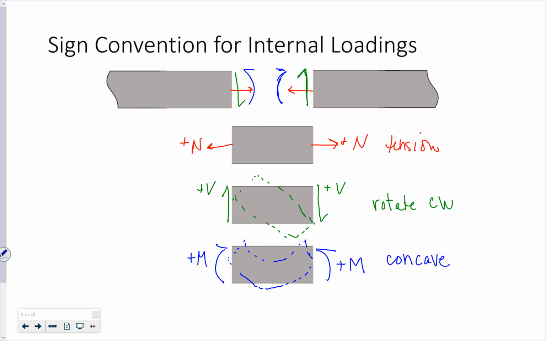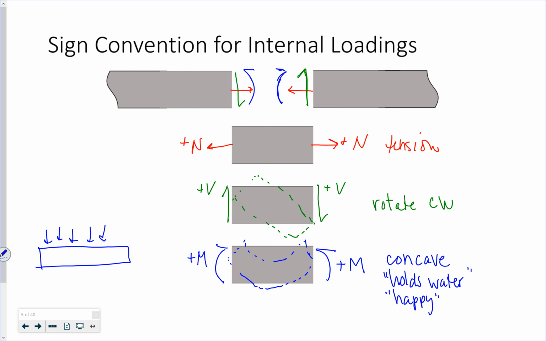It holds water. I can say happy. It's positive bending. It's mostly because generally we apply vertical gravity loads going down, and our displaced shape would look like that. So generally, when we're talking about beams, we're going to have positive bending due to the gravity loads.